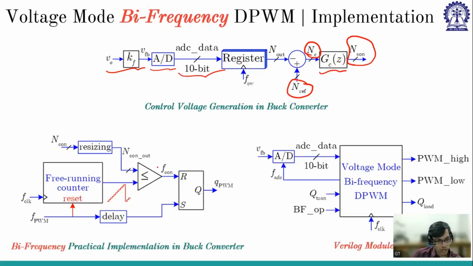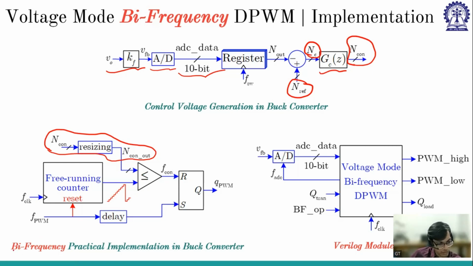In the case of bi-frequency, this ncon is again getting resized because we want it to be a certain number of bits, and we have discussed in the voltage mode control how to discard the least significant bits. That is generating this reset pulse.